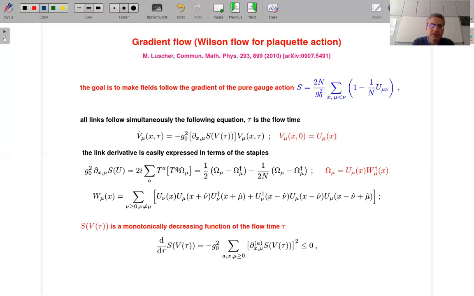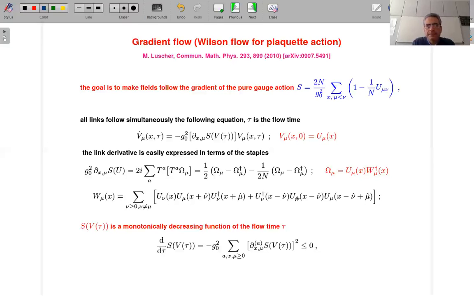I will not discuss in detail how this expression is derived, but finally you end up with the following expression for the link derivative of the action, which gives you how the link must be changed as a function of tau in order to move the configurations along the gradient of the gauge action. And you can prove that the gauge action in this way is a monotonically decreasing function of the flow time. It can be proved exactly.